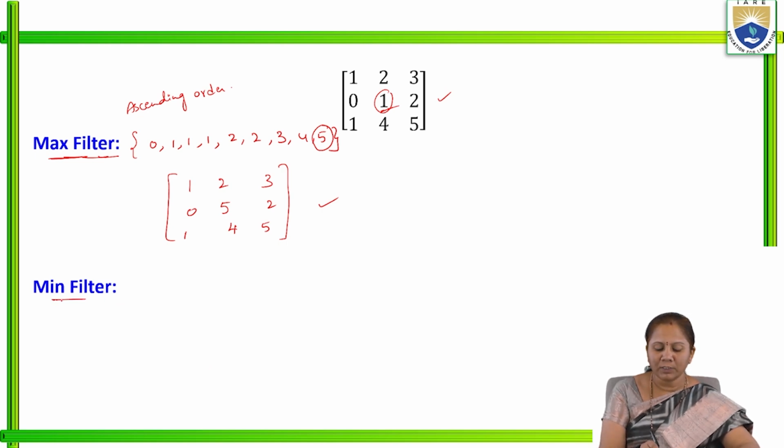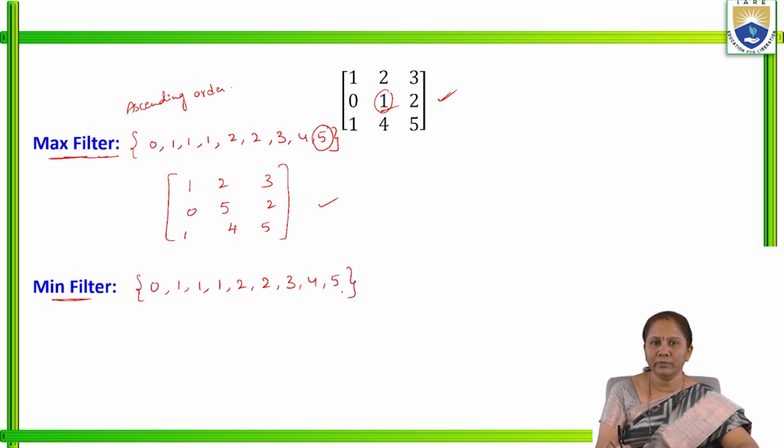Now, the next order statistic filter is the min filter. In this case also, first we have to arrange the pixels from the given image in ascending order. If you arrange, the same 0, 1, 1, 1, 2, 2, 3, 4, 5, sorting of pixels. Now among all these pixels, as this is the minimum filter, we have to consider the minimum pixel value.